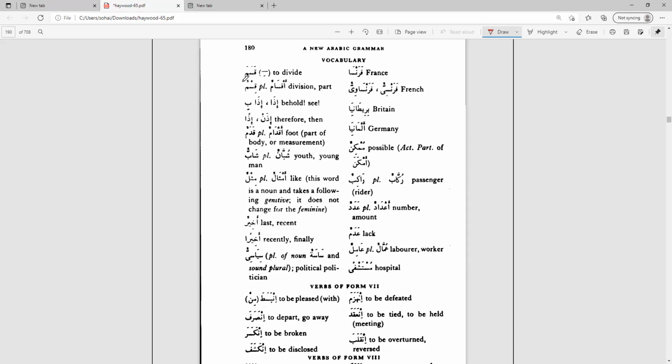Okay. So vocabulary: kasama, yaksimu, to divide, kismun, aksamun. For example, when you're looking in a dictionary, it works by root letters, so you're going to look for kasama. Iza means behold, see. Iza, izan, qadamun, aqdamun, foot, part of body or measurement.